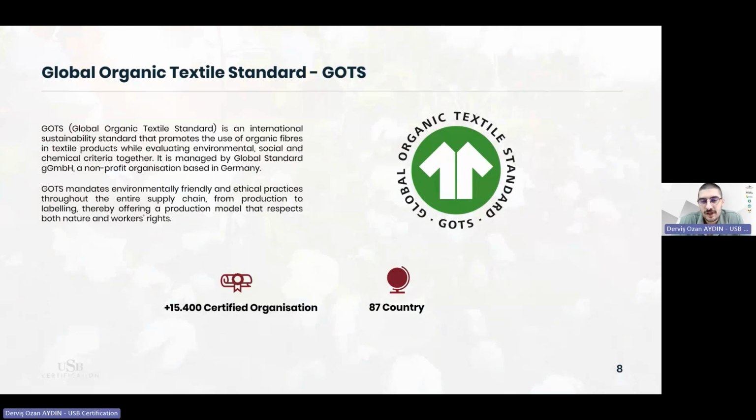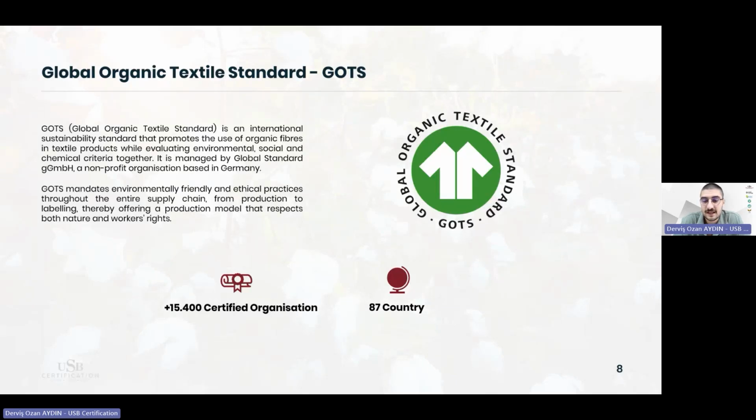Our first program is GOTS, which is the Global Organic Textile Standard. This program is an international sustainability standard which promotes the use of organic fibers generally in textile products while evaluating environmental, social, and chemical criteria together.